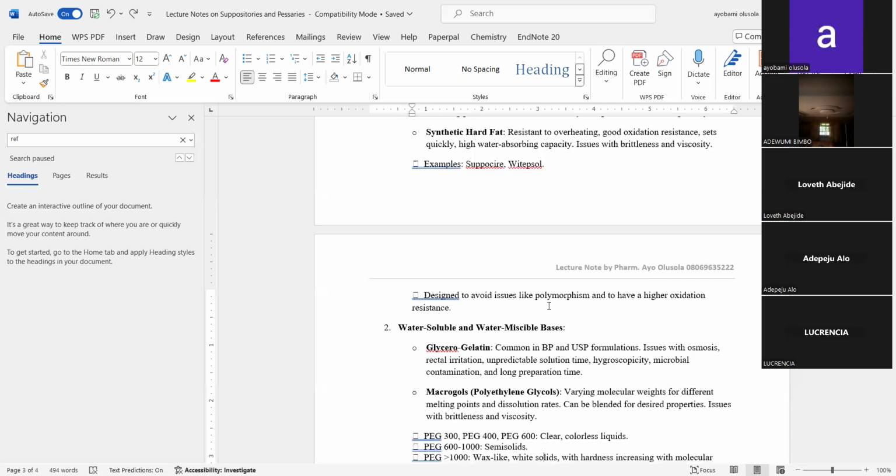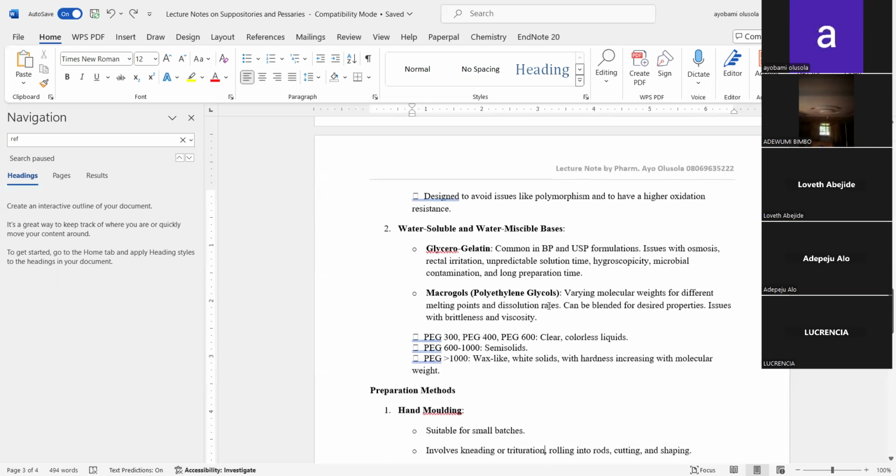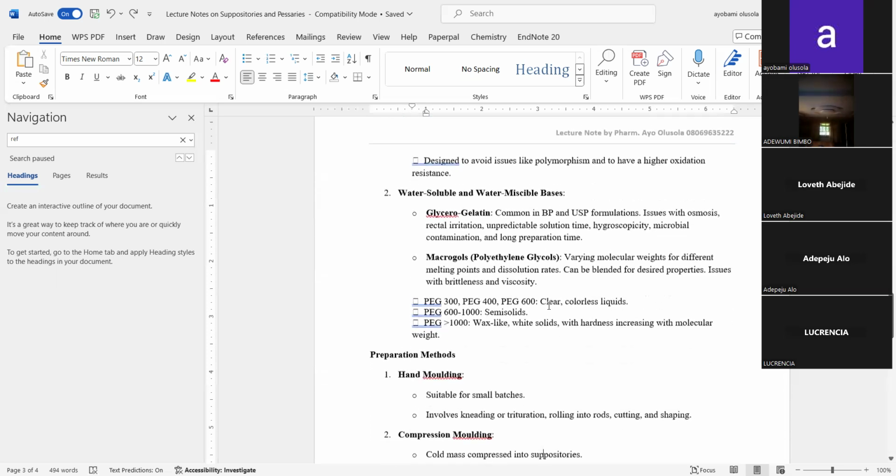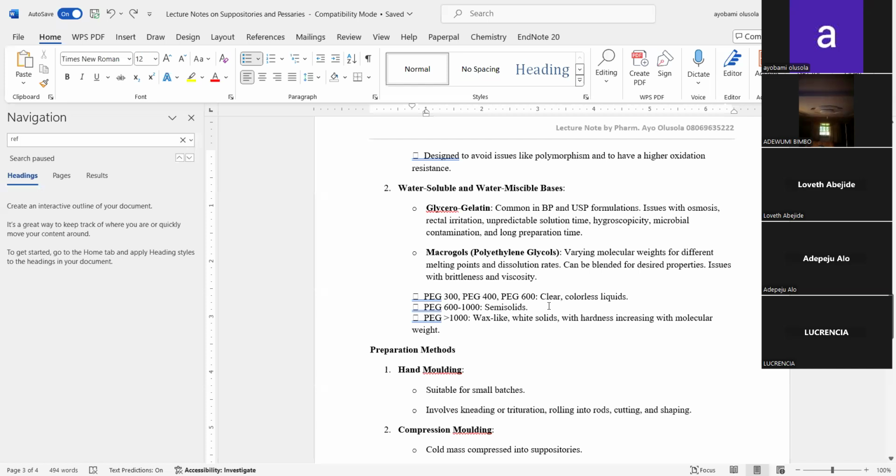Another name for macrogol is polyethylene glycol. The macrogols or polyethylene glycols have molecular weight. From basic chemistry, the higher the molecular weight, it's just like in your hydrocarbons.